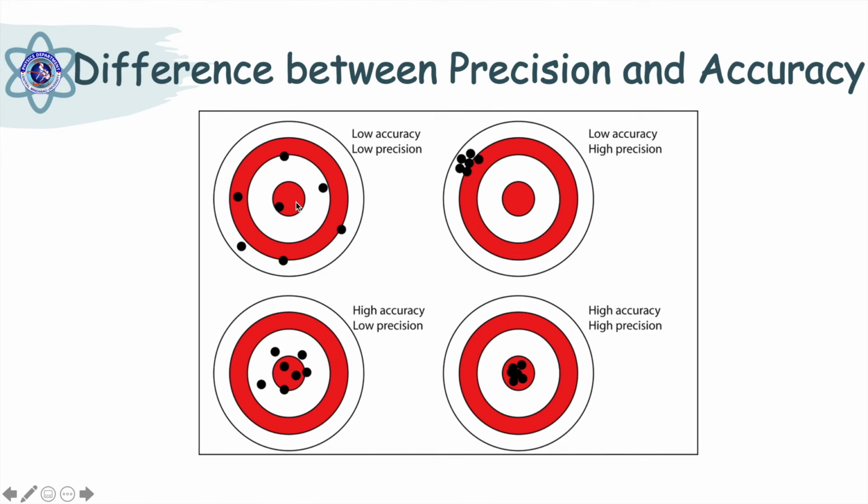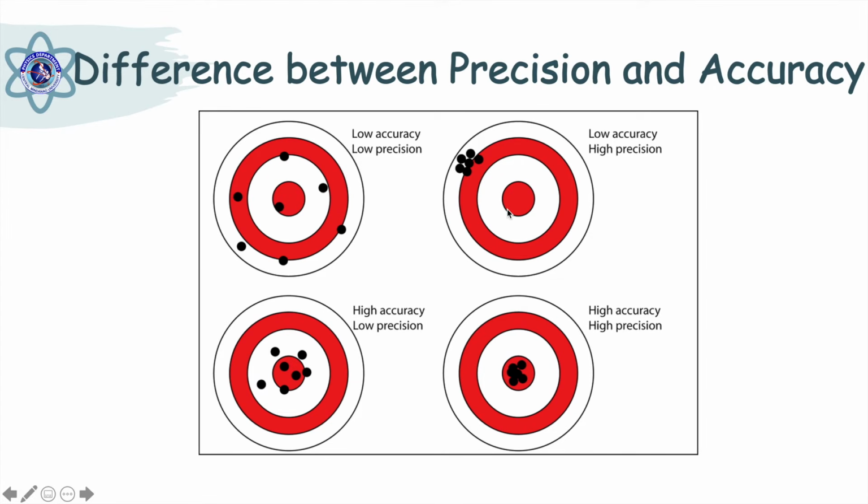The goal or the theoretical value will be the center or the bullseye, while the dots will be the arrows thrown on the board. For case 1, the dots are very scattered from each other, and at the same time too far from the center. So you could say that it has low accuracy and low precision.